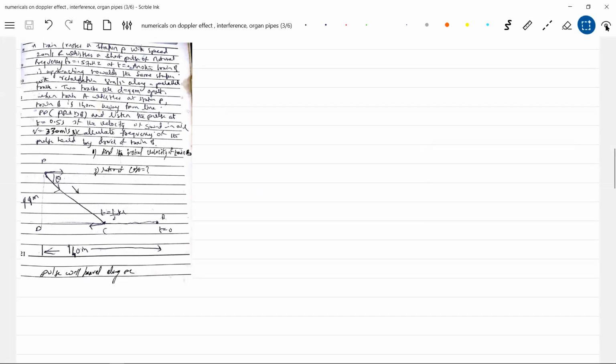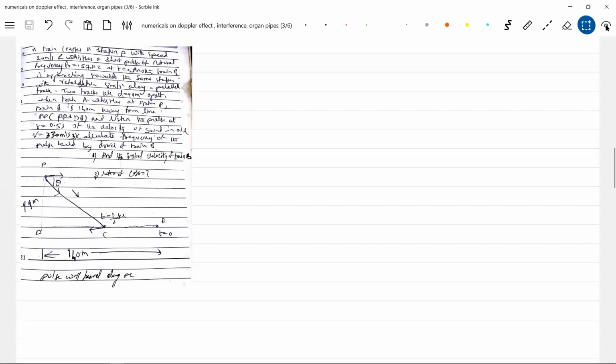Okay, read the question. A train A crosses a station P with speed 20 meter per second and whistles a short pulse of natural frequency f naught 1570 Hz at t equal to 0. Another train B is approaching towards the same station with retardation 8 meter per second square along a parallel track.